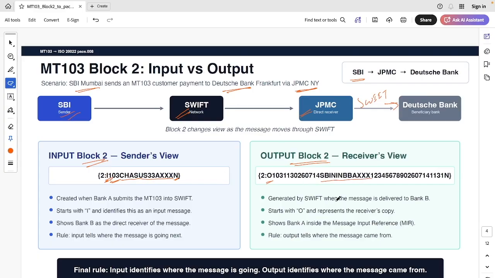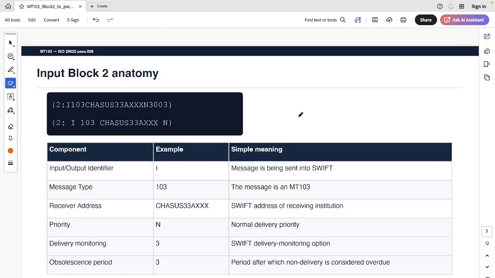Therefore, remember the simple rule shown at the bottom: the input block tells us where the message is going next, and the output block tells the receiver where the message came from. Also note that the output block shown is a receiver's copy of the same FIN transmission. If JP Morgan Chase subsequently creates another message for Dowsy Bank, that next transmission will have its own input and output headers.